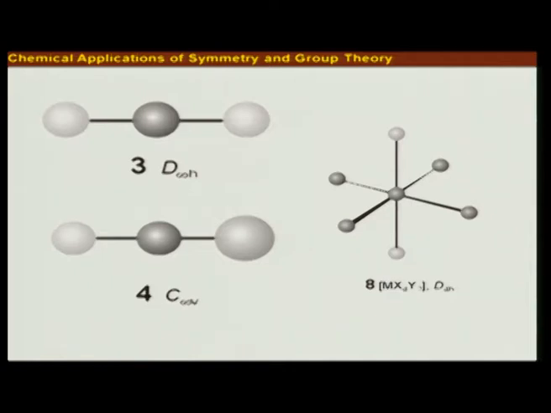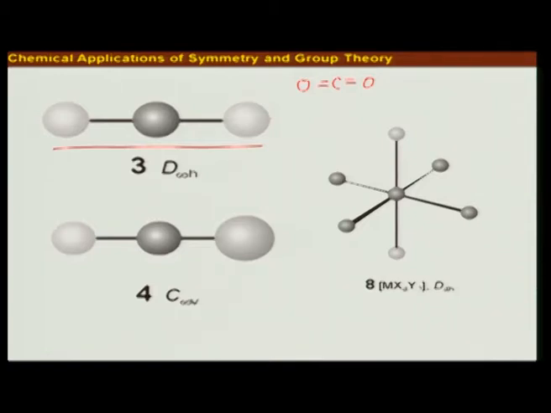In the first case here, it's just a ball and stick model kind of, or you can think this particular structure is very similar to the structure of carbon dioxide, right? Both the balls are of equal size, and this is another ball. So this is carbon and two oxygens. Here you have an infinite number of rotational axes, so it belongs to a special group.